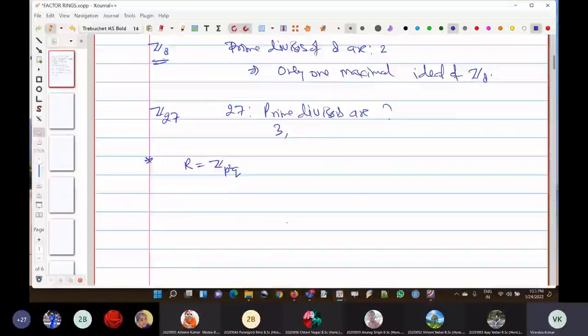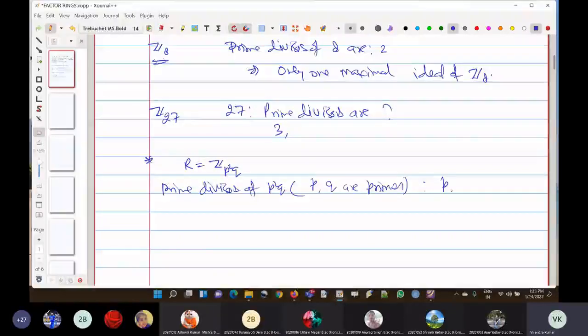So prime divisors of P square Q, according to the above discussion, P and Q are primes. So how many? P and Q, only two. So what will the maximal ideals be? How many will there be? The number of maximal ideals is going to be 2 only.